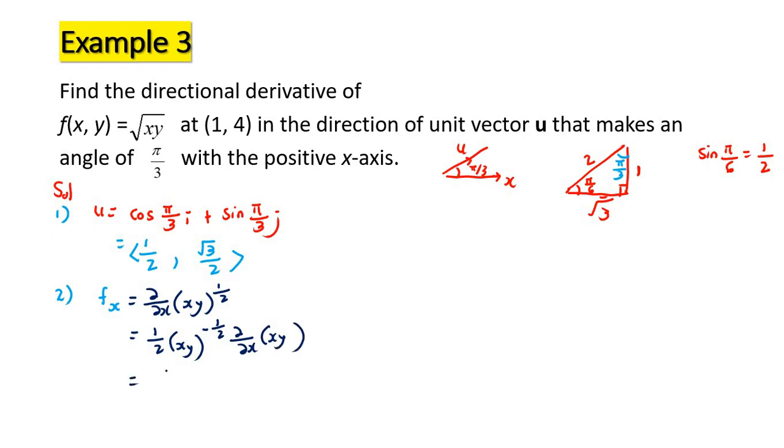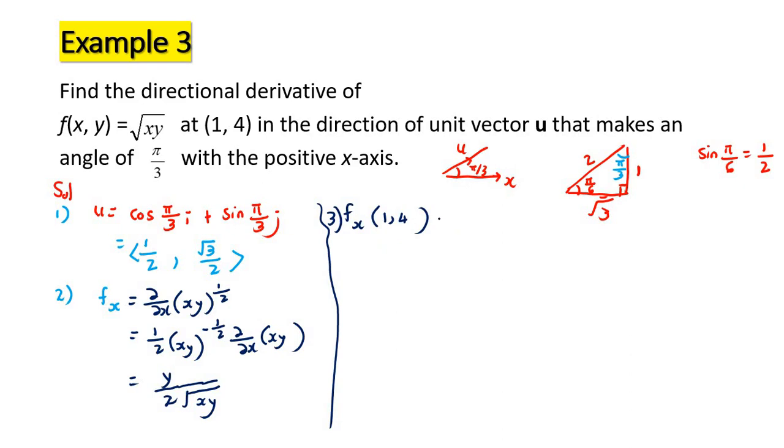So del x of xy gives y. So we have y over 2, and the negative half power becomes square root of xy in the denominator. Then fx at the point (1, 4), this is the third step.